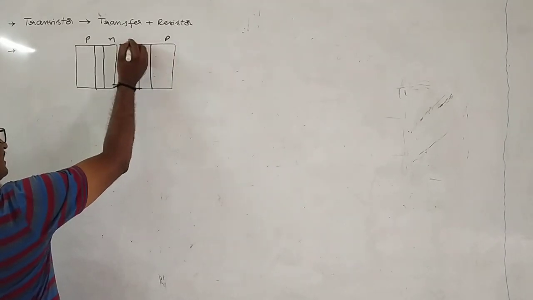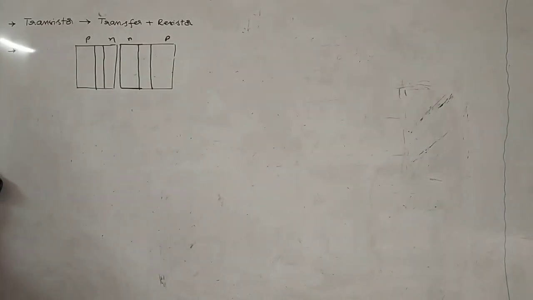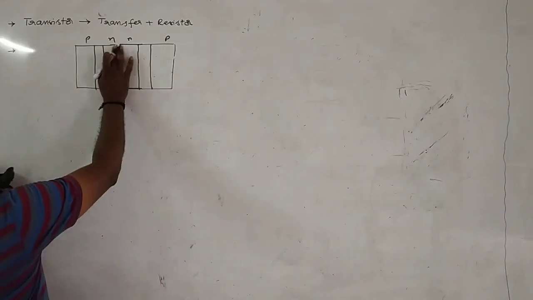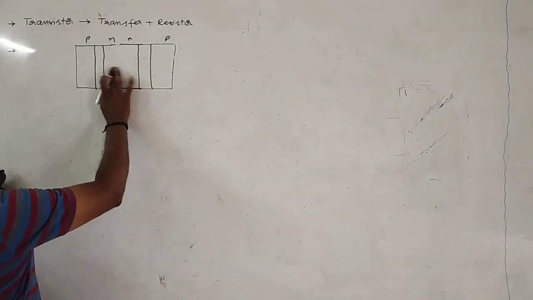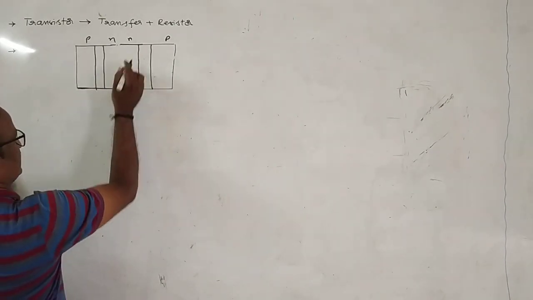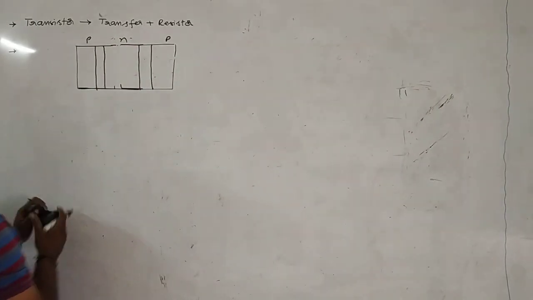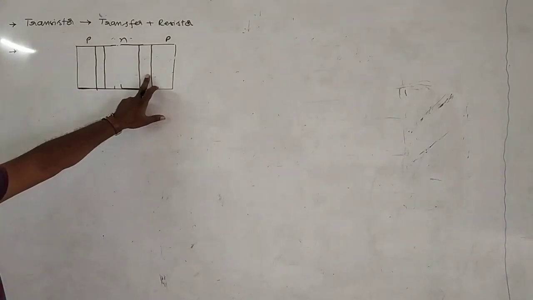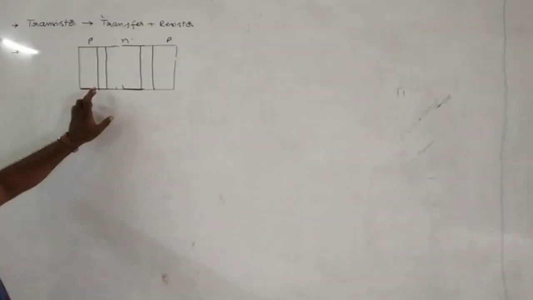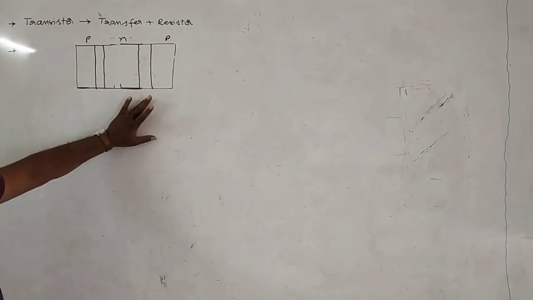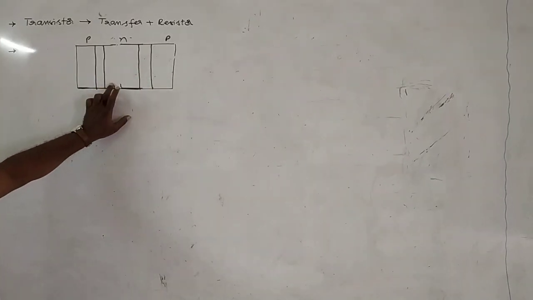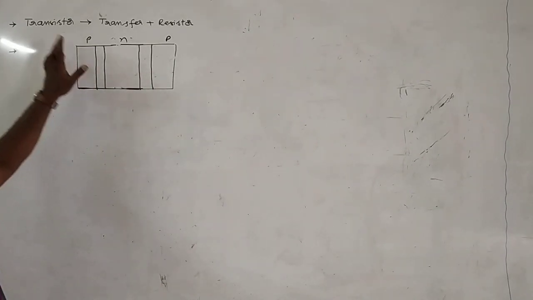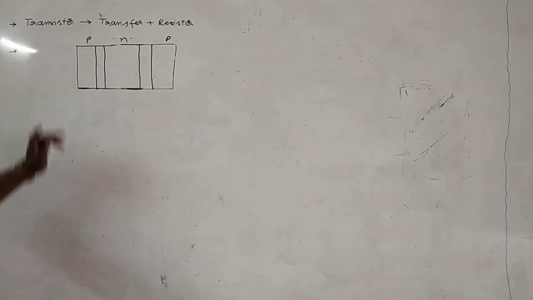This is the P-type region, this is N-type. Let the two N-type materials be joined such that this is totally N-type material. Here is a diode. This is a diode. Okay? Therefore two diode devices are formed. The formation of two PN junction diodes is known as a transistor.